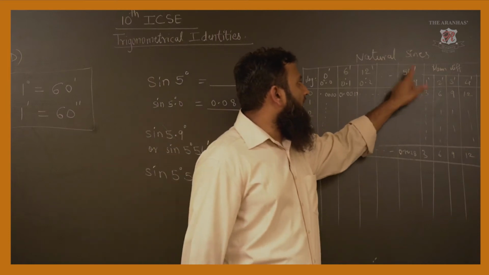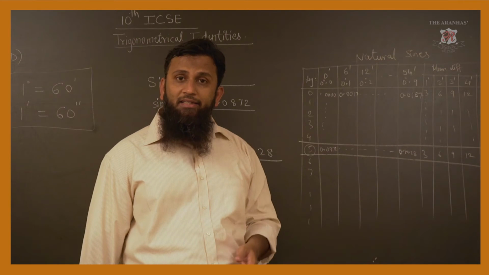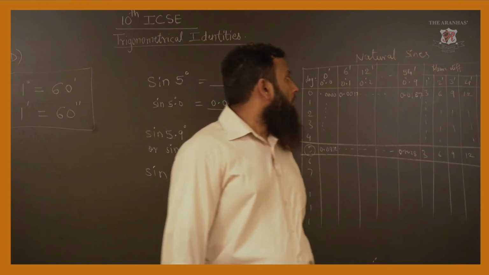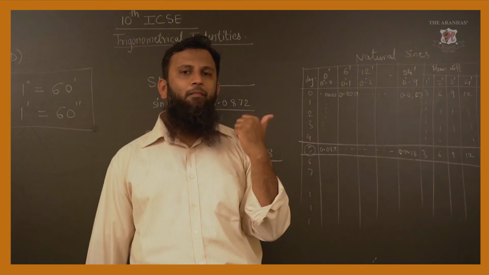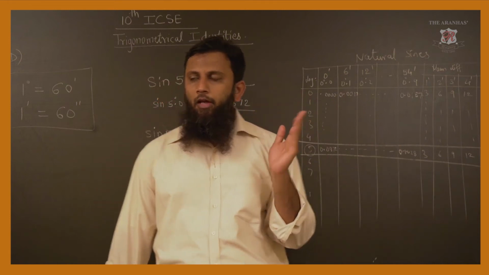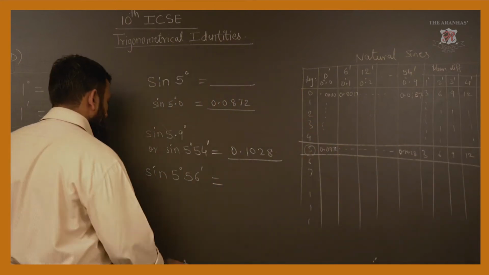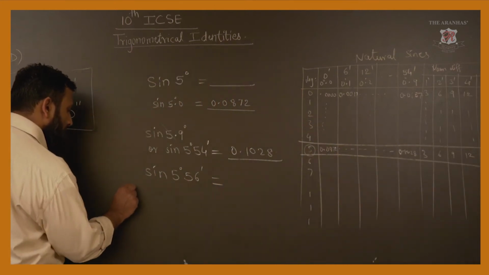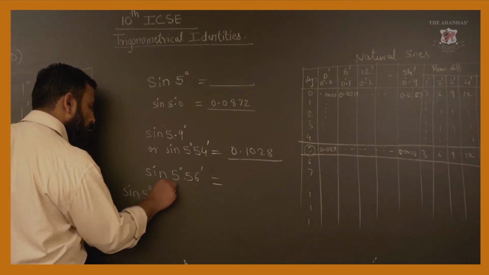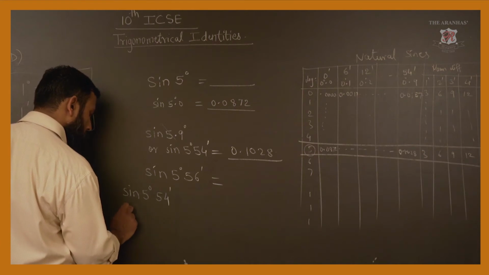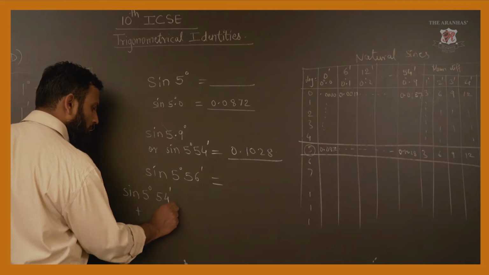So when it ends at 54 minutes, in that situation you have to add 2 more minutes. In this case it's 54 and here in the question it is 56. So I will write it in this manner: sine 5 degree 54 minutes plus the mean difference of 2 minutes.